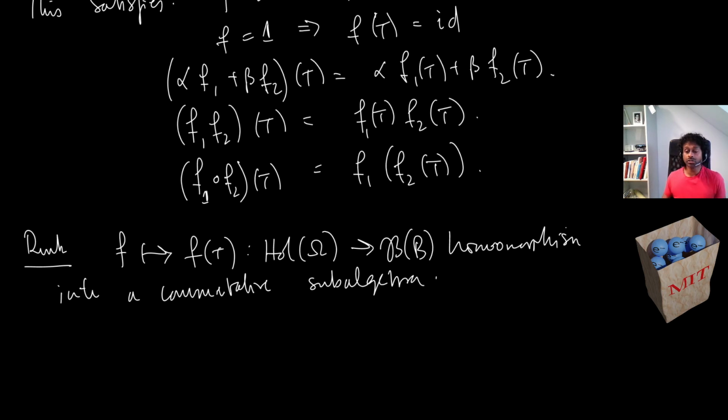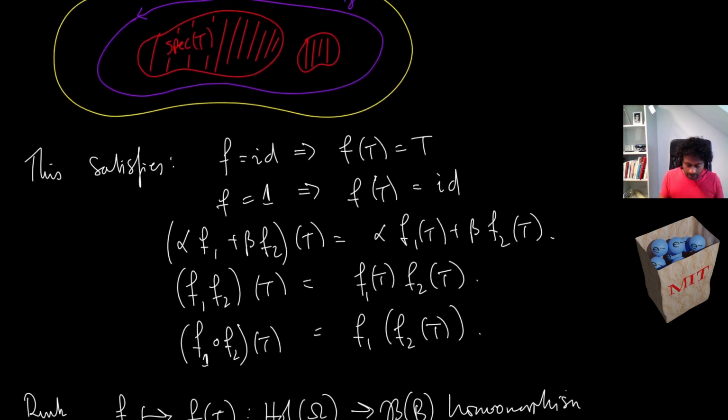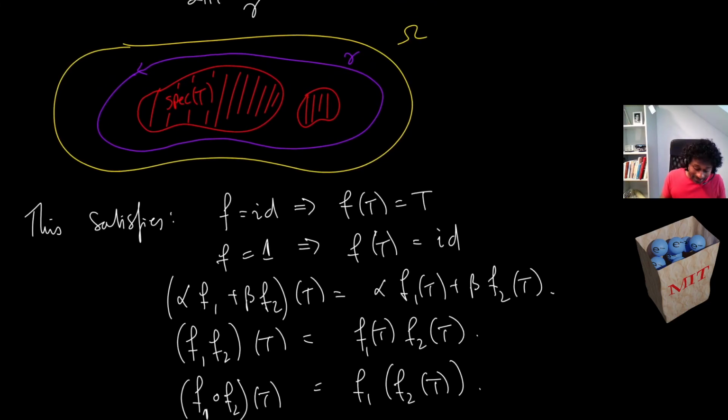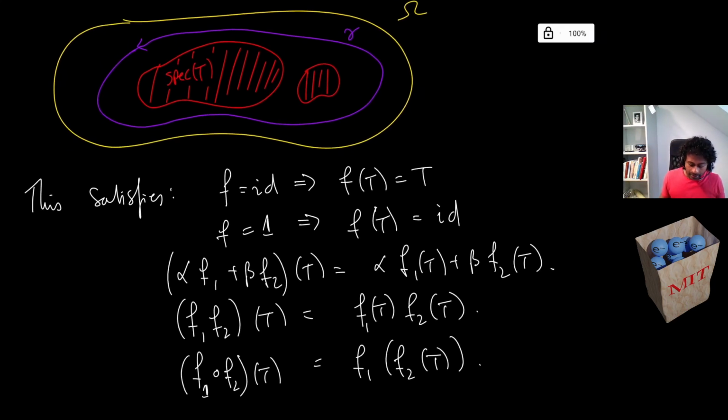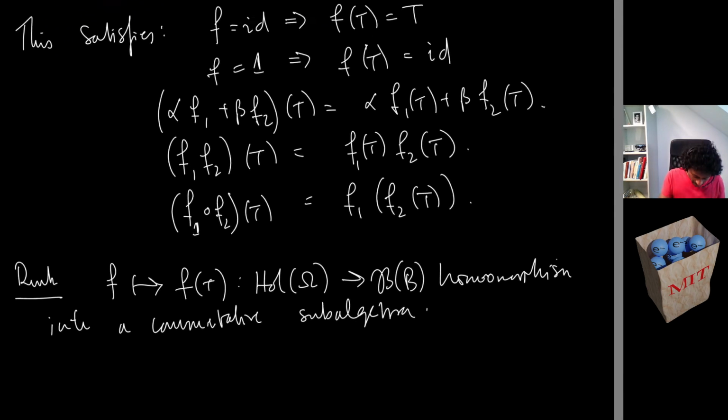Because functions commute, the functional calculus also commutes. But the operator T itself is not going to commute with lots of things. So this tells us a story of what can happen in the world of bounded operators. But of course, we have to deal with unbounded operators.